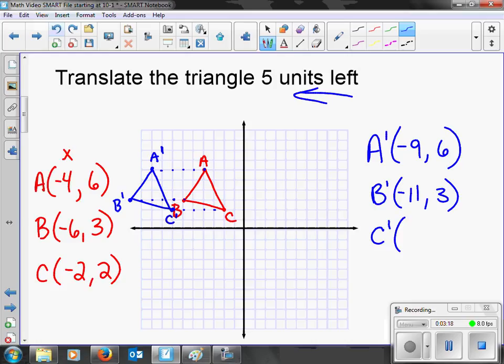And then C prime is just 5 spaces to the left. If this is at -2, then it's -3, -4, -5, -6, -7. So it's -7, comma 2. Okay, so those are my new coordinates. When it says find the location, you always write your coordinates for the old and new location.